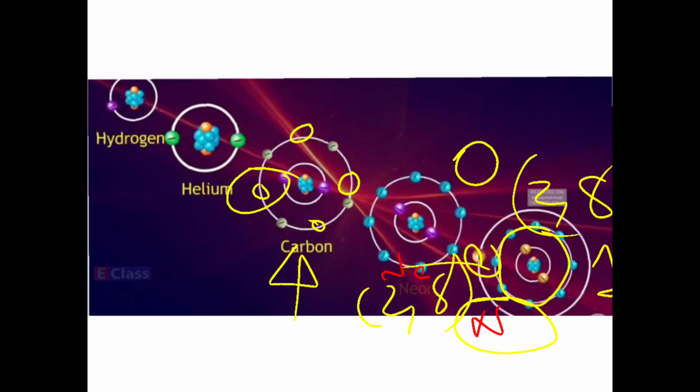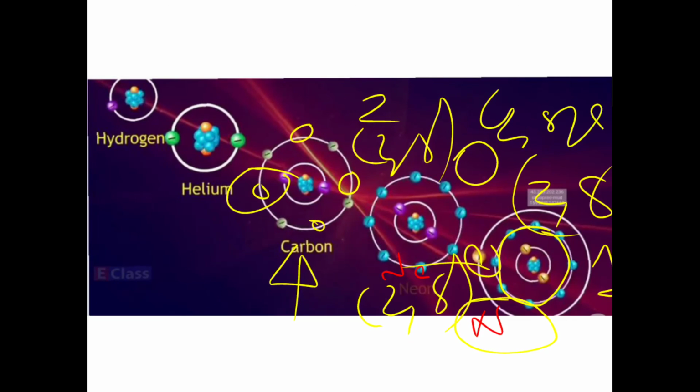Okay, so to get a stable configuration we have this. They want to behave as a complete outermost orbit. And if you observe, children, if the outermost orbit has 2, or 2 8, or 2 8 8, these are all gases.